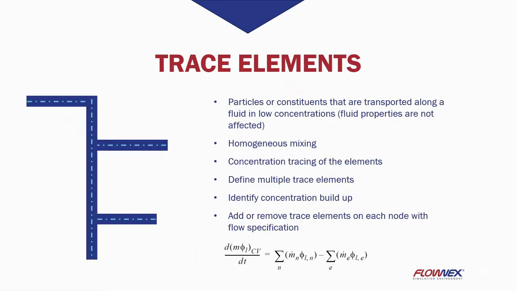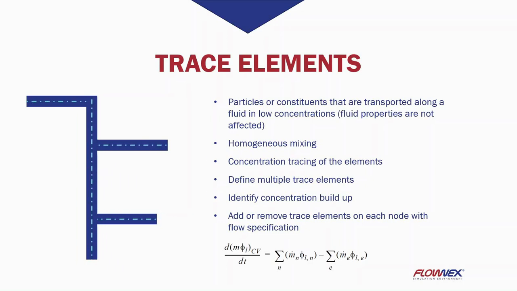Well, Marinus, in Flownex, trace elements represent particles or constituents that are being transported with a fluid, generally in low concentration, thus not affecting the fluid properties. Homogeneous mixing also occurs in fluid volumes, and the concentration can then be monitored along a specified network.